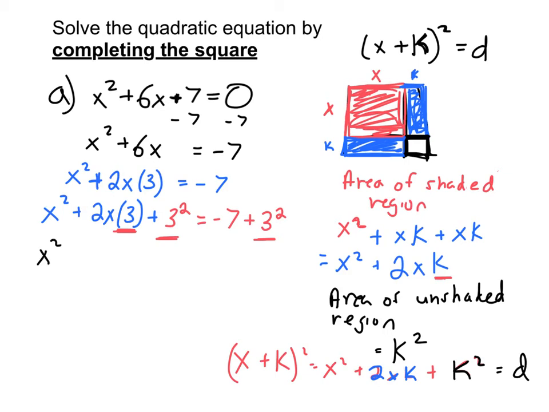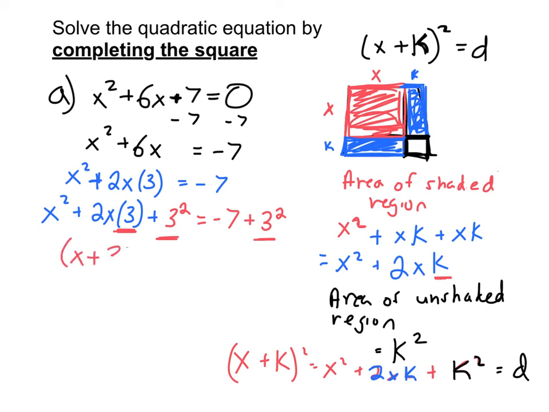Alright, so now I'm going to write this x squared plus 2x times 3. Actually, what am I doing? I'm going to erase this because right here I have it in the format. This is the complete square format, x squared plus 2x times k plus k squared, right? So I can rewrite this as x plus k squared.